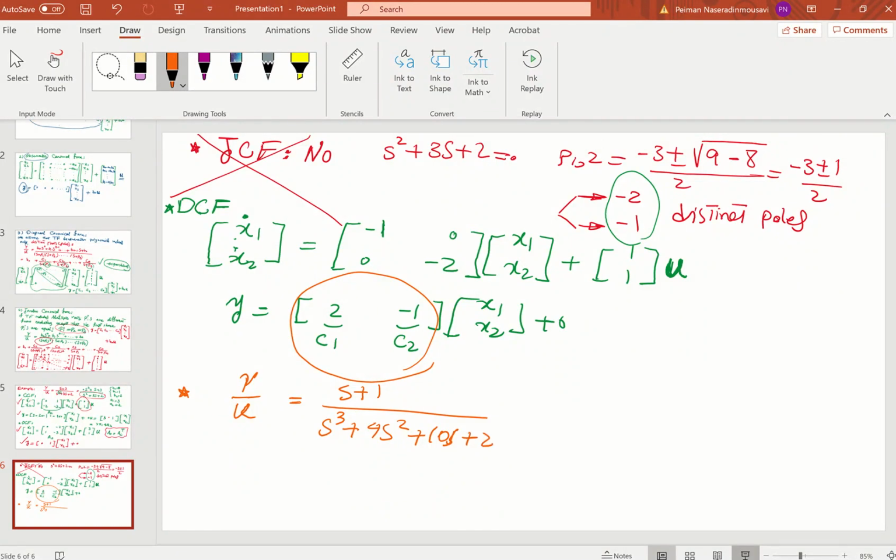Please develop the controllable canonical form and the observable canonical form for yourself. Please do it as homework. See if you can do that. Understand? So these are the forms that I taught you.